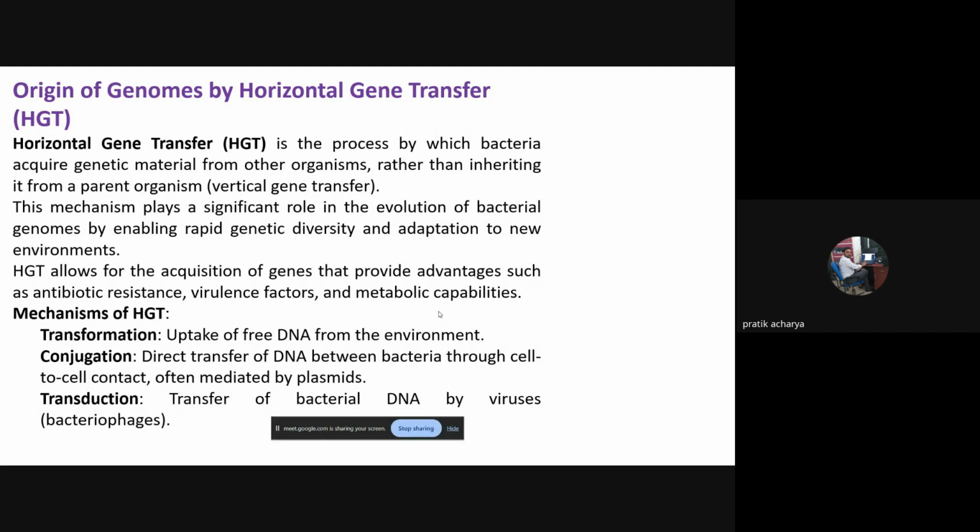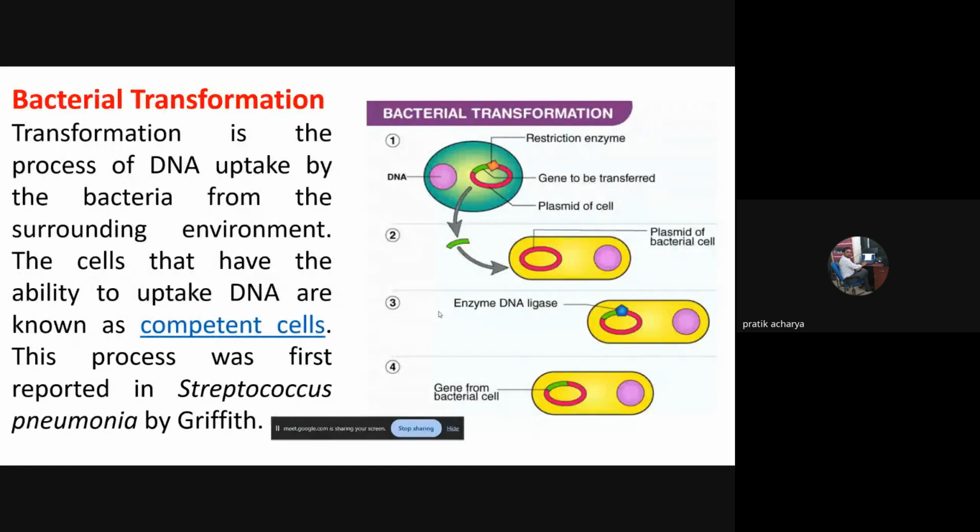So what is the mechanism for this horizontal gene transfer? Three important mechanisms are there: transformation, conjugation, and transduction.